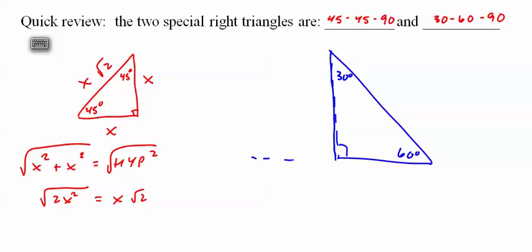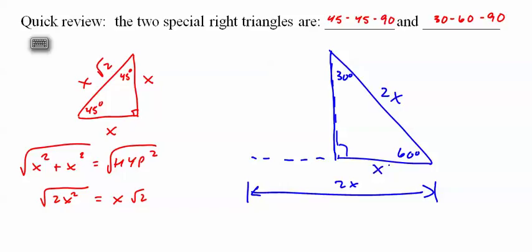Well, we knew that this whole side we'll call 2x is the same as this side, and we cut it in half, so this is x. I'm not going to do it, but if you did Pythagorean theorem, you'd find this is x root 3.